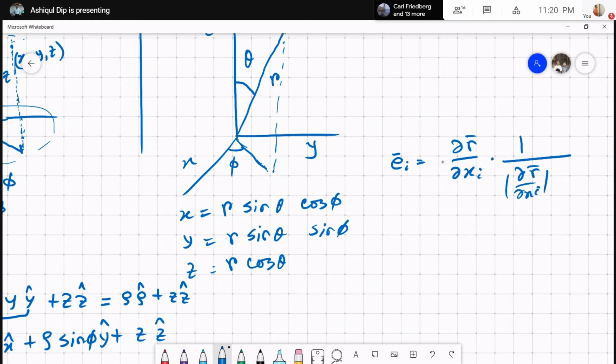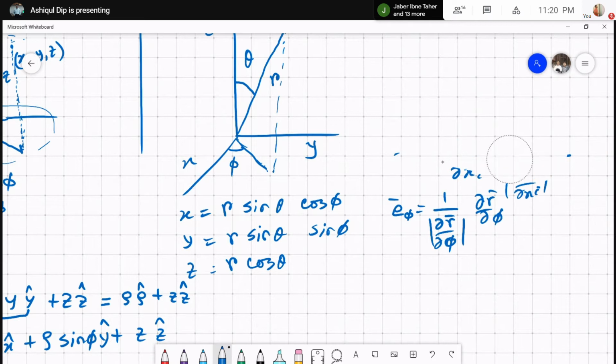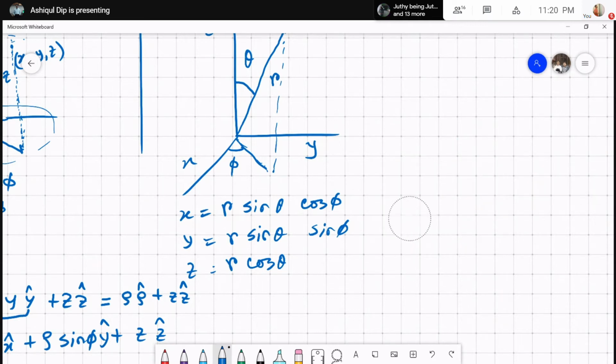So if you have e phi, you have 1 over the norm of delta r over delta phi, times delta r over delta phi, such that those are unit. I think you can derive that. It's pretty simple, you have to do some more algebra, but it's not that complicated.